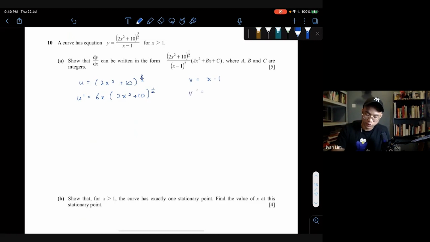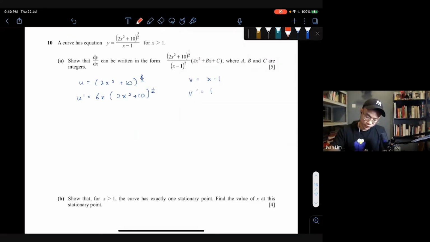V prime equals 1. The rule is (V U prime minus U V prime) over V squared.